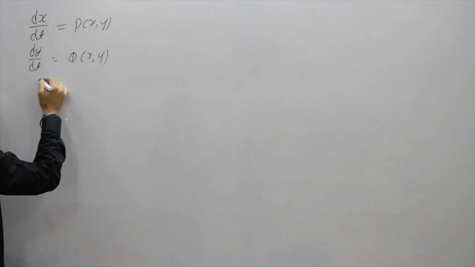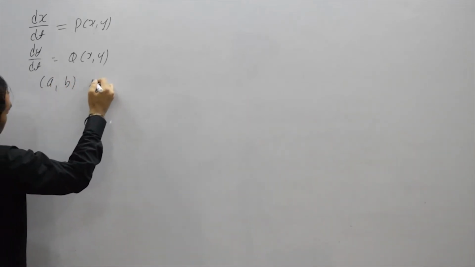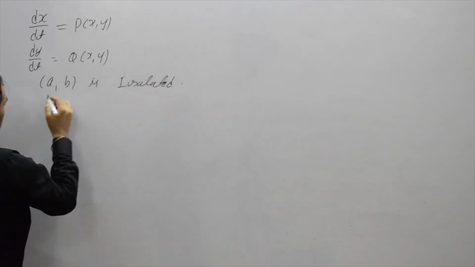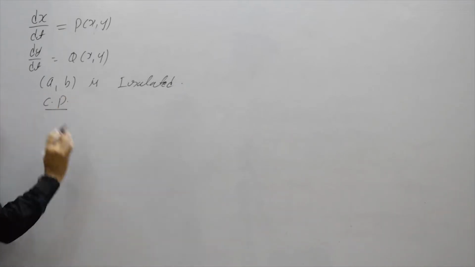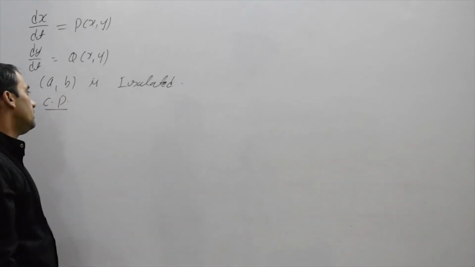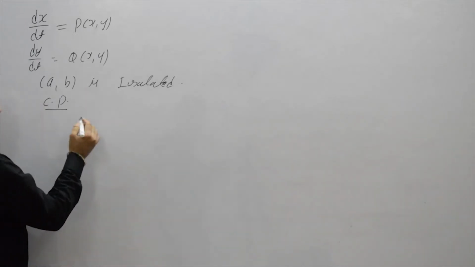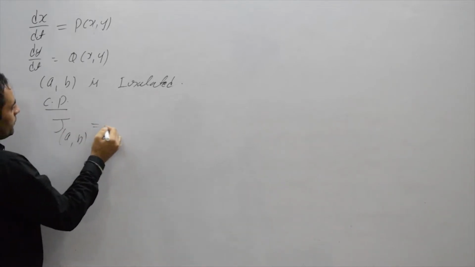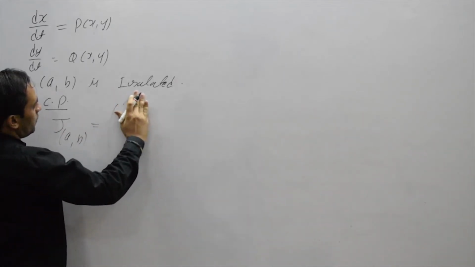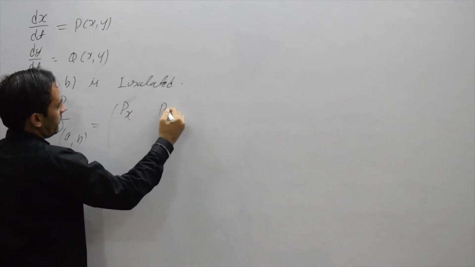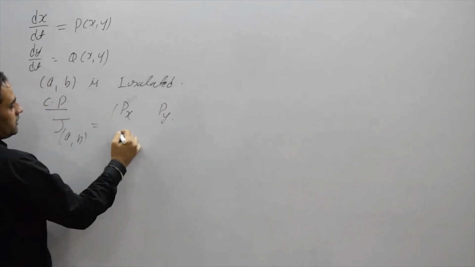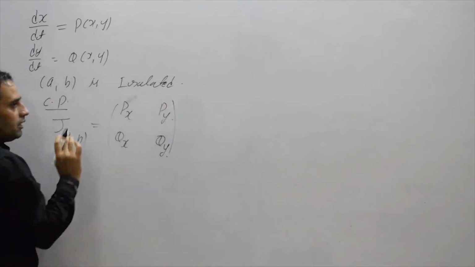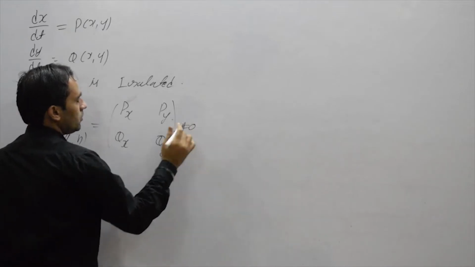So assuming that (a, b) is an isolated critical point, then this must imply that the Jacobian matrix at the point (a, b), which is given by the partial derivative of p with respect to x, the partial derivative of p with respect to y, the partial derivative of q with respect to x, and the partial derivative of q with respect to y, should have a non-zero determinant.